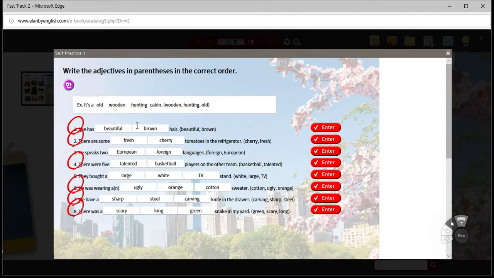And again, this takes some time to learn. Of course, your native speaker teacher intuitively understands this, and often if you don't get the order quite right, you're still communicating effectively most of the time. Just make sure you have some idea of the order for things like the shape and the color and the size.